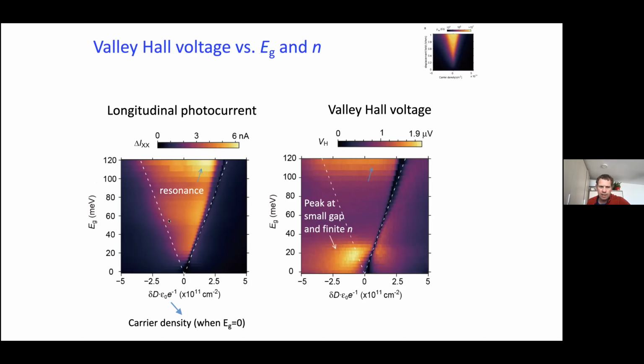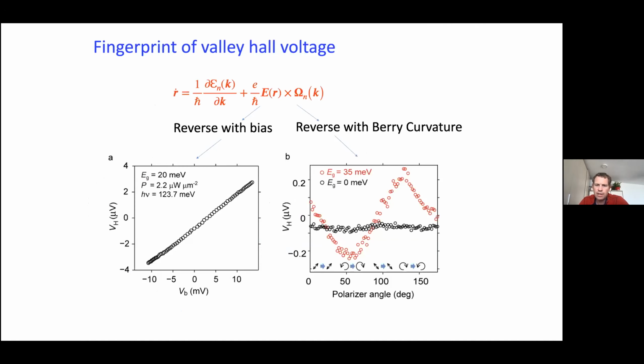You can see that when the Fermi energy is inside the gap, there's indeed photoconductivity. But the valley Hall signal shows two resonances, at small gap and also at very large gap, but somewhere in between it's very small. Now let's study this in a little more detail, but let's first make sure that this is indeed consistent with the valley Hall effect.